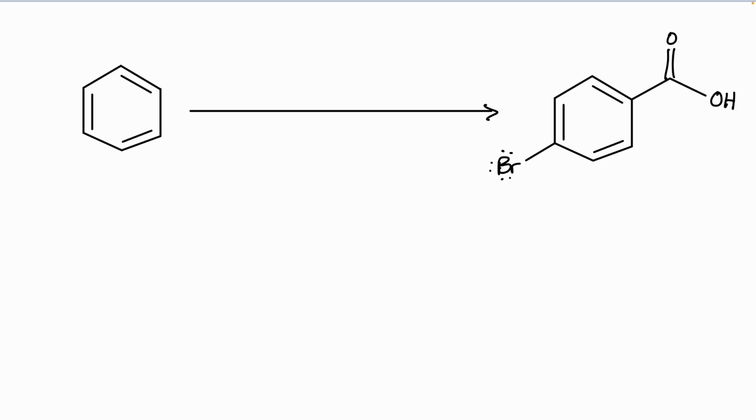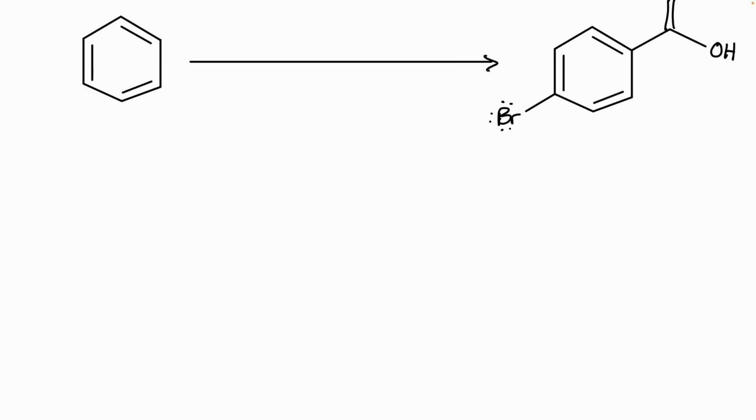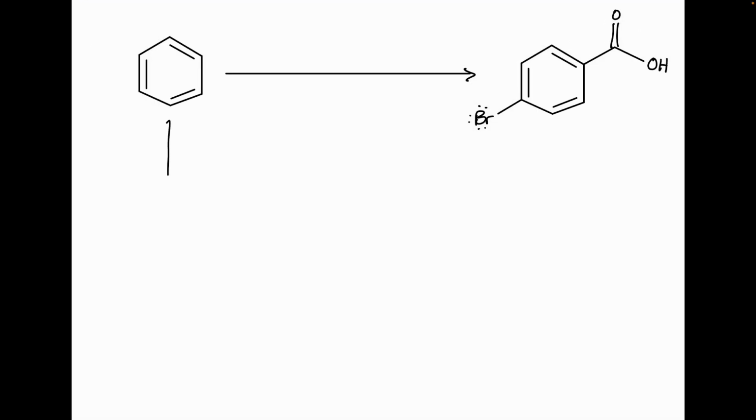Okay, there's actually two different ways to do it, but I'm going to try to make a point here. So the first thing I'm going to do is add that extra carbon to the ring using that electrophilic aromatic substitution reaction, the Friedel-Crafts alkylation reaction.